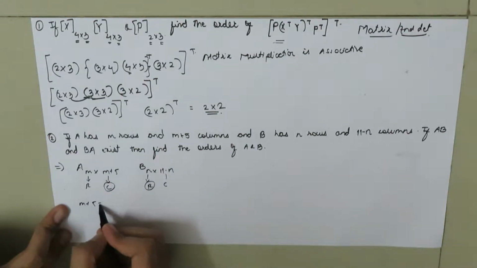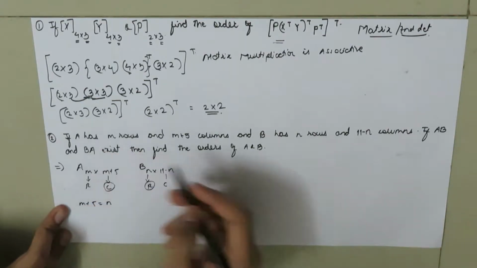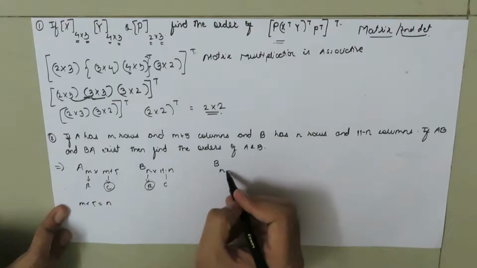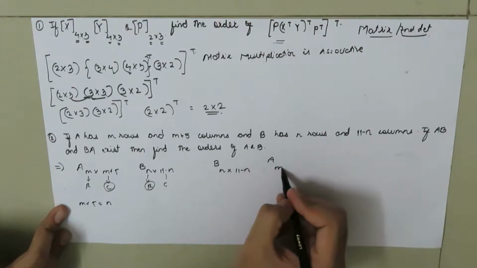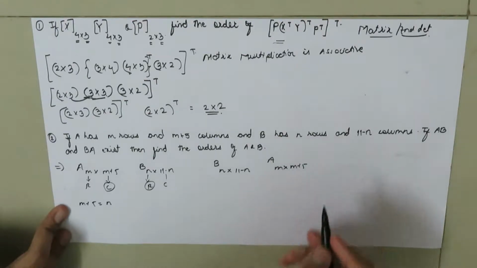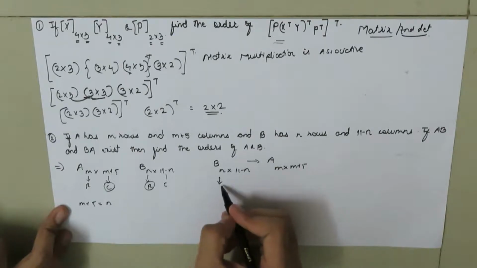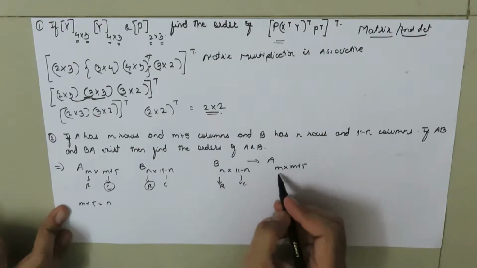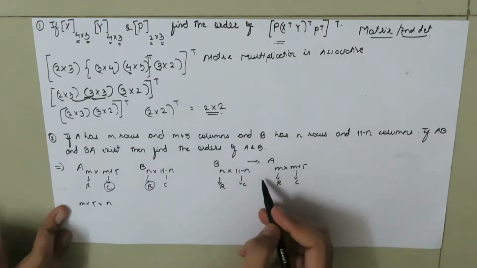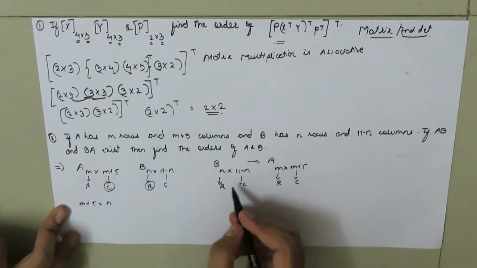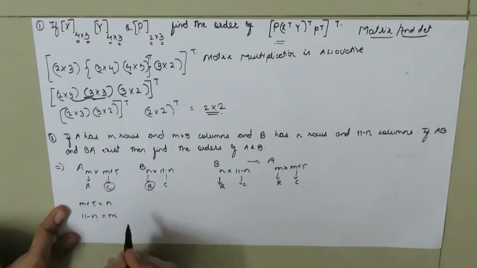So m plus 5 should be equal to n, and they have mentioned that BA also exists. So B has n rows and 11 minus n columns, and A has m rows and m plus 5 columns. So when we multiply BA, then this is row, this is column, this is row, this is column, then the column of the matrix B should match with the rows of matrix A. So 11 minus n should be equal to m.